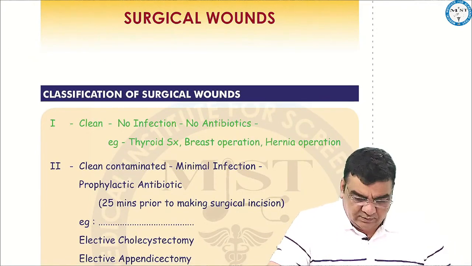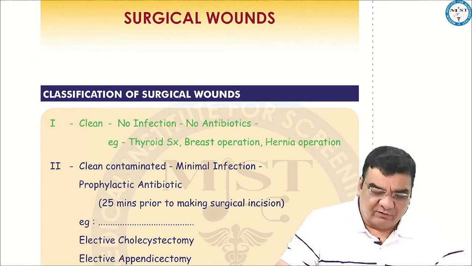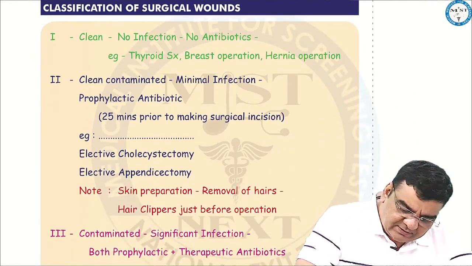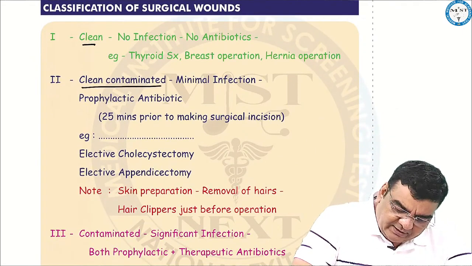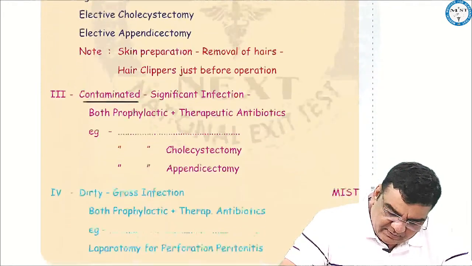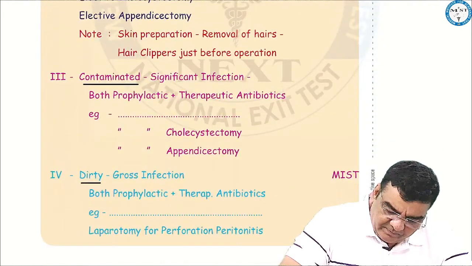So this is the classification of surgical wounds, what we are seeing, beta. There are 4 categories: clean, clean contaminated, contaminated, and dirty.